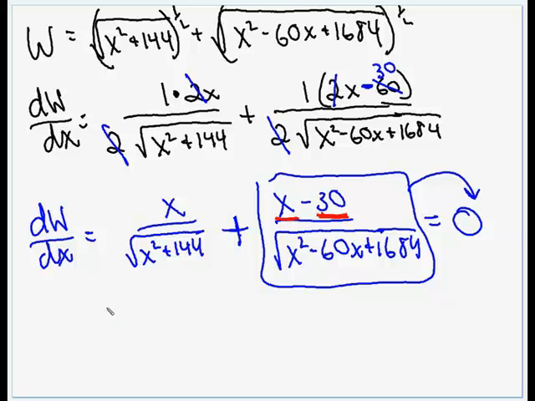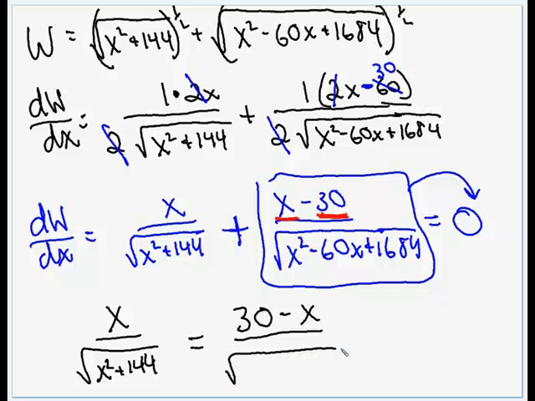So what we're going to have here is x over the smaller radical, the square root of x squared plus 144. And that's now going to equal, again, I switch my numerator to distribute that negative, and that's over that larger radical denominator. Well, now we have here a fraction equal to a fraction. We can cross multiply.